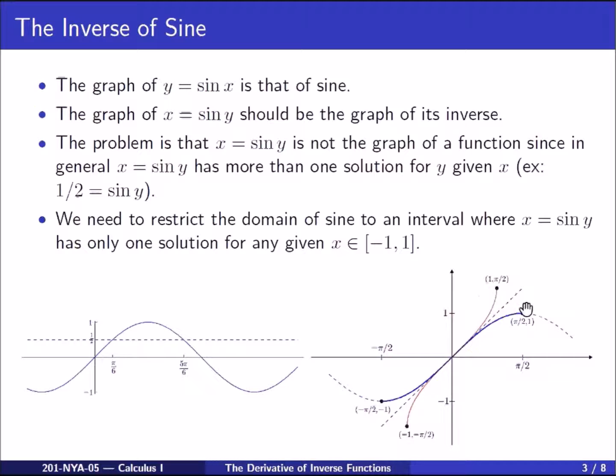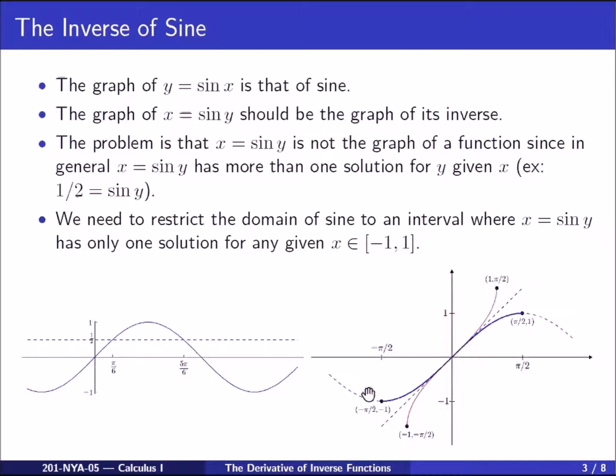Now, if you consider the part in blue, you can see that it works. It goes from -1 to 1. In fact, this point here is (-pi over 2, -1), and this is (pi over 2, 1). So all the values of y are covered between -1 and 1.